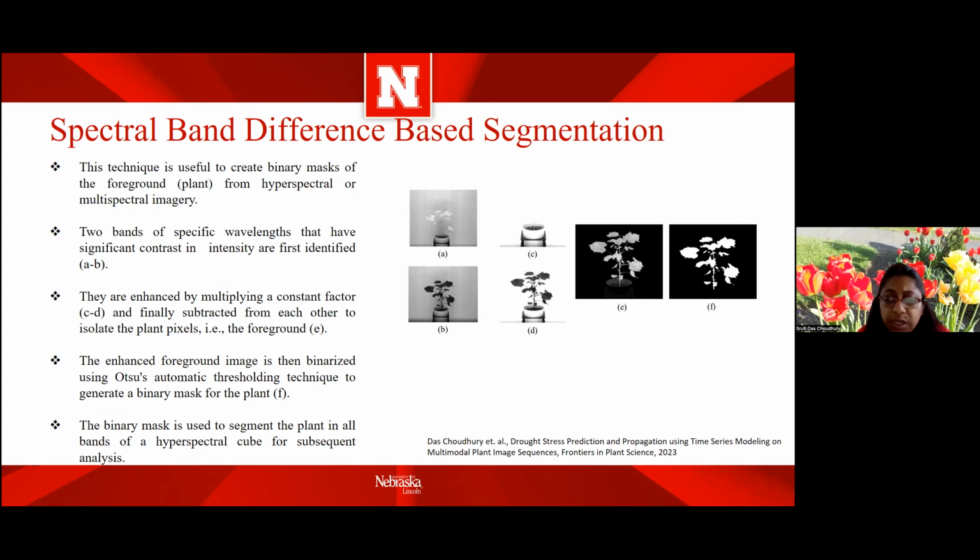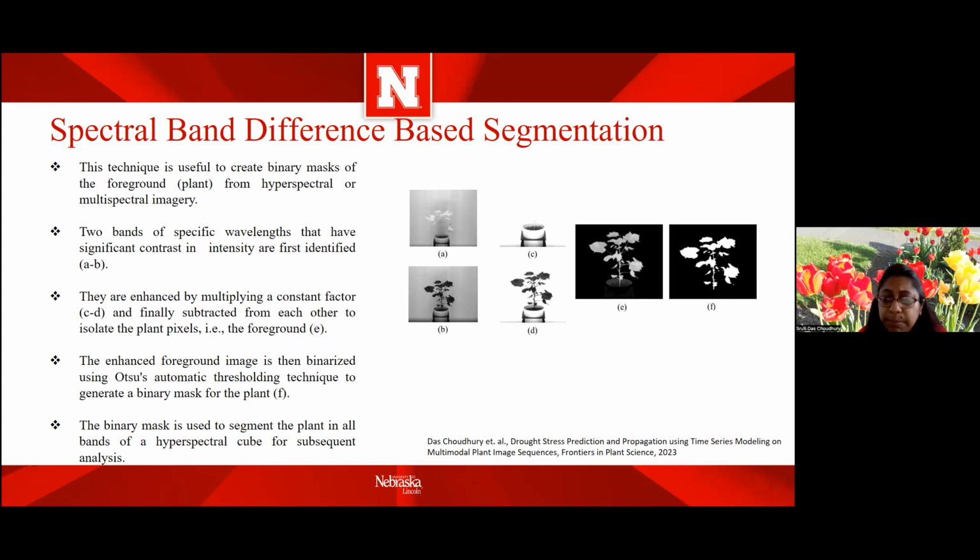In our LemnaTec AG2PI, we do have a hyperspectral chamber. The hyperspectral cameras capture information in a wide range of wavelengths at narrow intervals. We have a wavelength range from 546 nanometers to 1700 nanometers, and it captures 243 bands in that range.